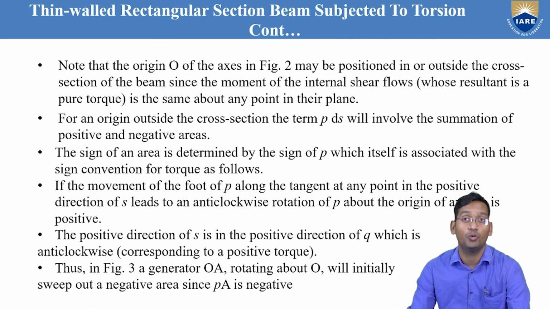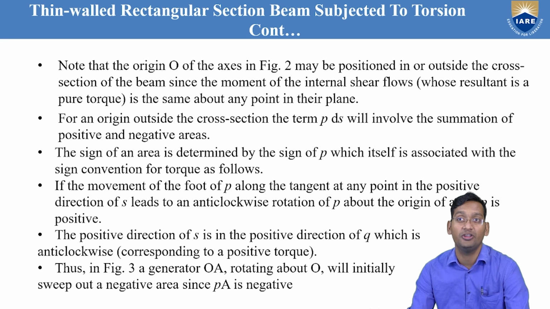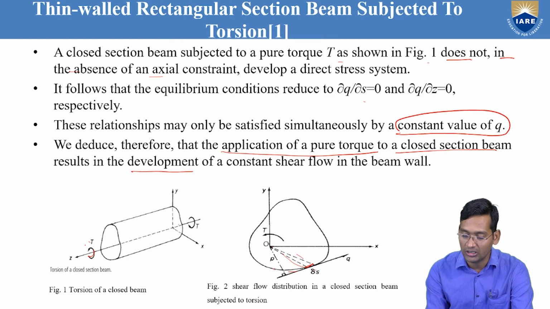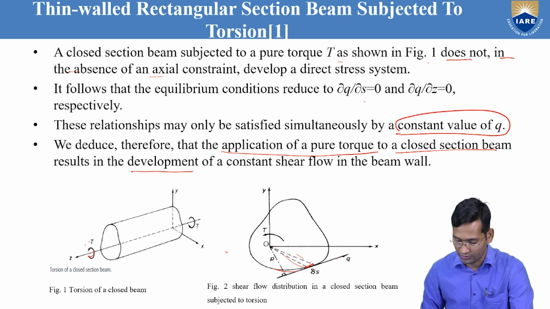Now note that the origin O of the axis in figure 2 may be positioned in or outside the cross section of the beam, since the moment of the actual shear flow, whose resultant is the pure torque, is the same about any point in the plane. So just see, this O can be either inside this figure or outside, somewhere here also we can put. Why?